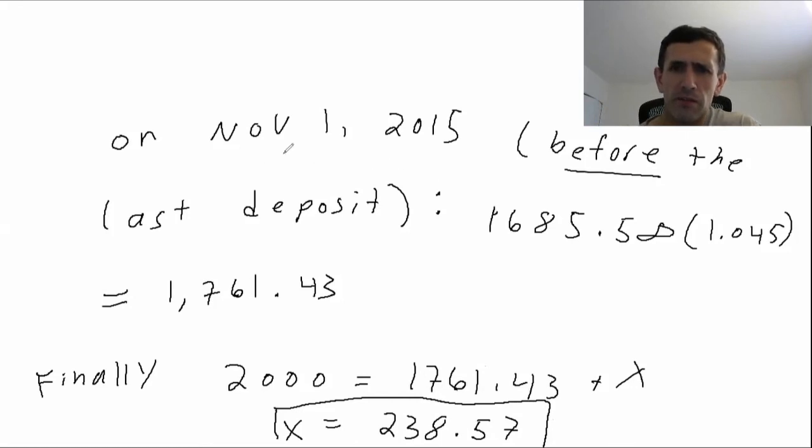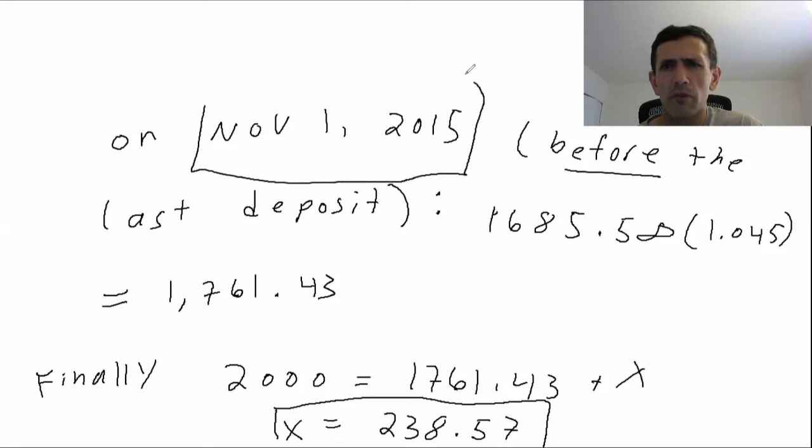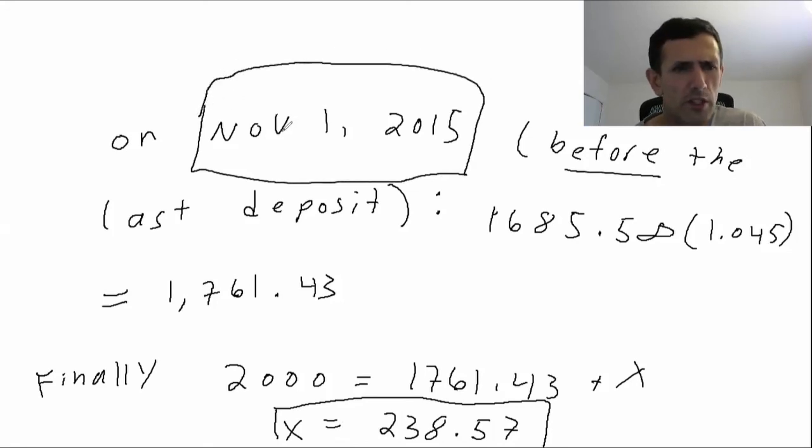Because like I said, it's realistic that anytime you have money, you can always deposit it into some account to earn some interest. So this last payment is $238.57, and it occurs on November 1st, 2015. Okay, so last but not least, it's not really part of this problem, but let's do a sanity check, and let's actually just check our answer. I think it's very valuable to do that.